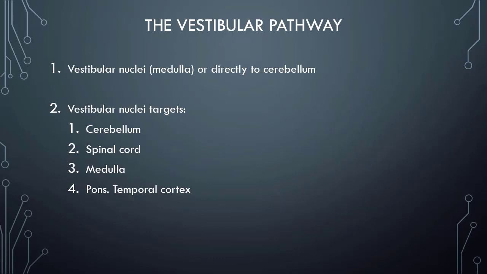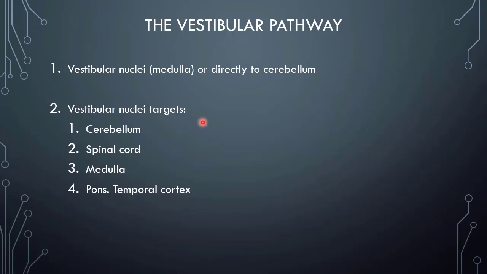So these group together on their way into the brain. And they pass through the brainstem to the vestibular nuclei on the left or the right, or some of them, especially for things like basic balance, have direct projections into the cerebellum, which plays all kinds of important roles in movement and things like that.